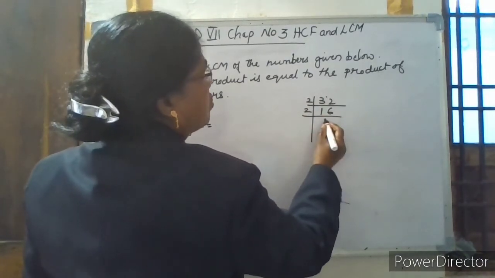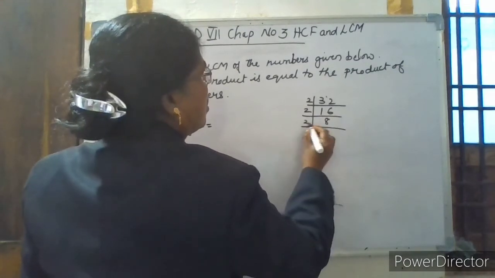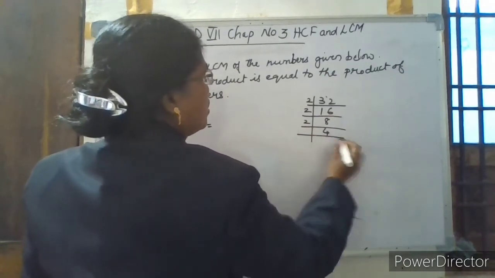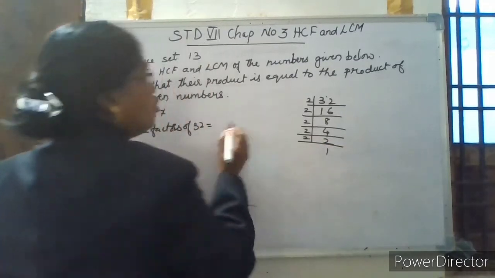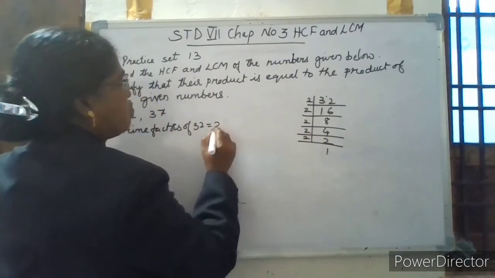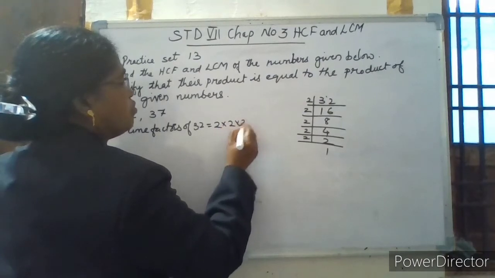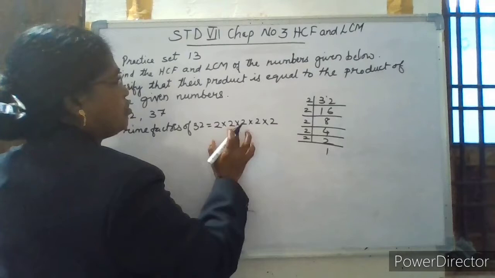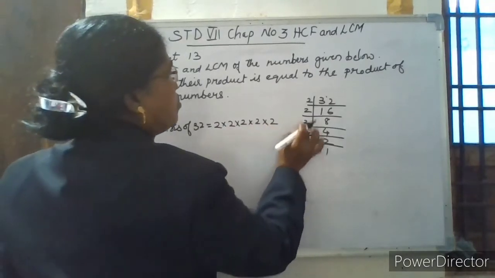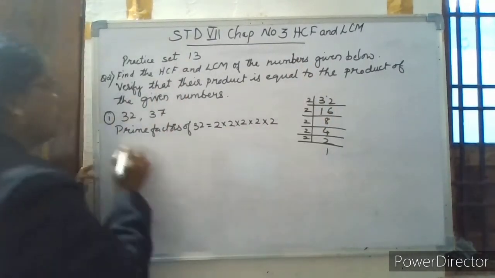Again 2 8 is 16. Again divisible by 2, 2 4 is 8. Again 2 2 is 4, again 2 1 is 2. So it is equal to 2 into 2 into 2 into 2 into 2, that is 1, 2, 3, 4, 5 times.